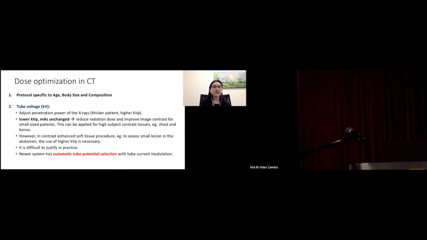This can be applied for high subject contrast tissues like chest and bones. However, in contrast-enhanced soft tissue procedures, that is to assess small lesions in the abdomen, sometimes we just have to use a higher kVp. Newer systems have automatic tube potential selection with tube current modulation, so that takes away our headache.